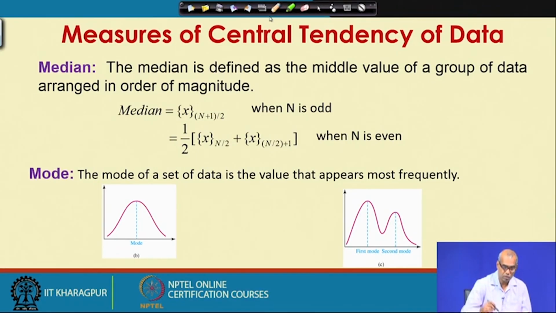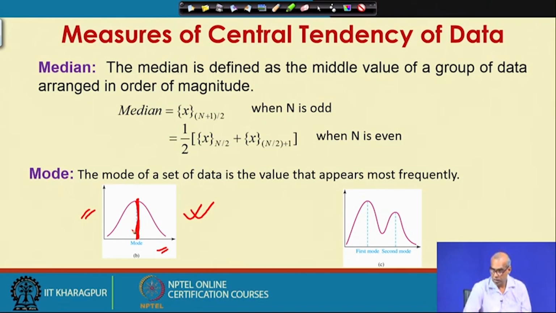Now, if I have several observations and then I make a frequency plot like this, basically you plot observations, those values, versus frequency, and if I get a curve like this, this is the value that happens most frequently. So, this is the mode of this set of data.